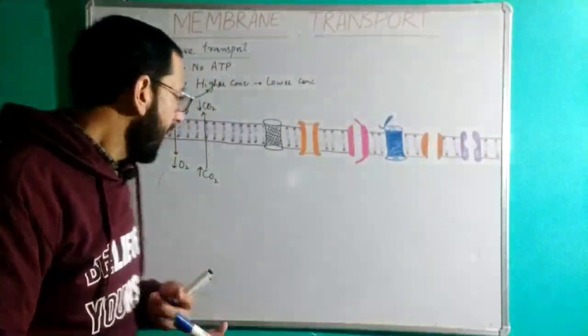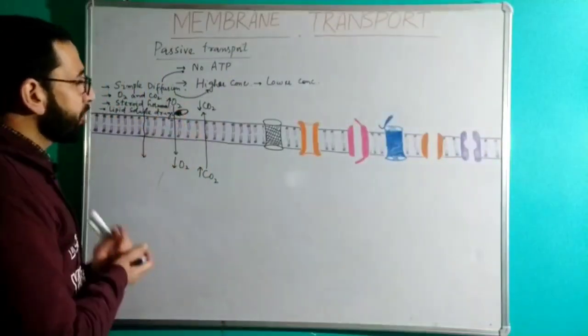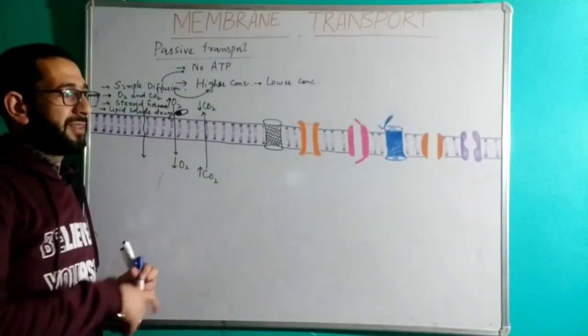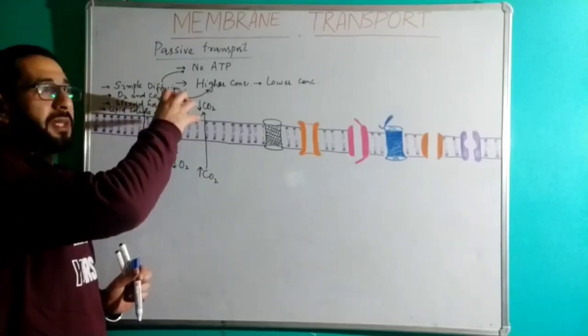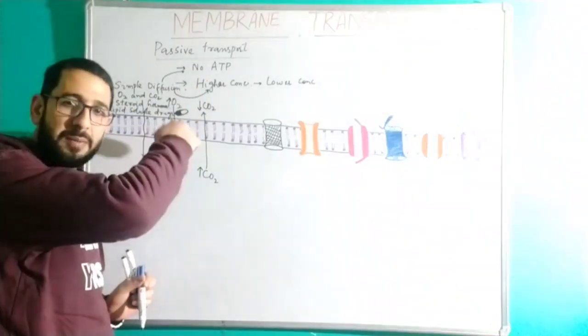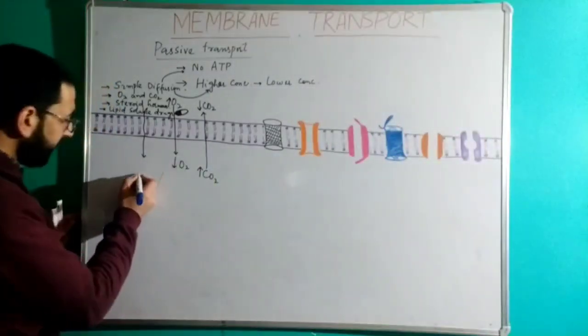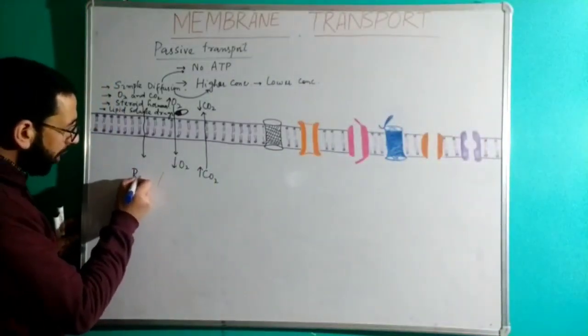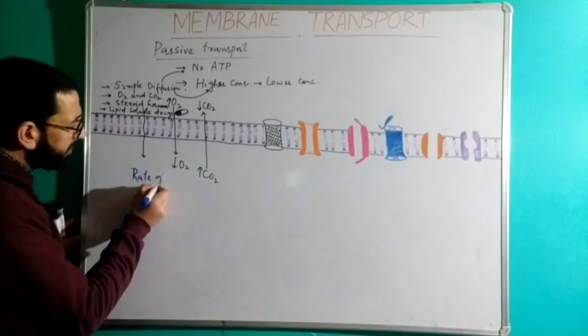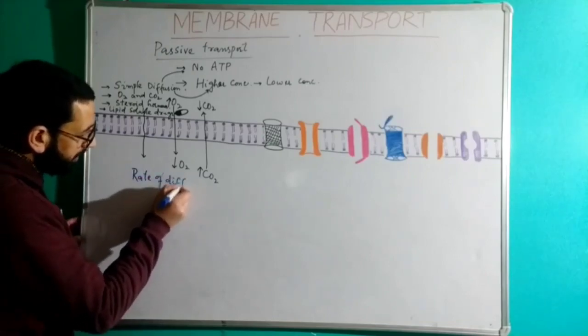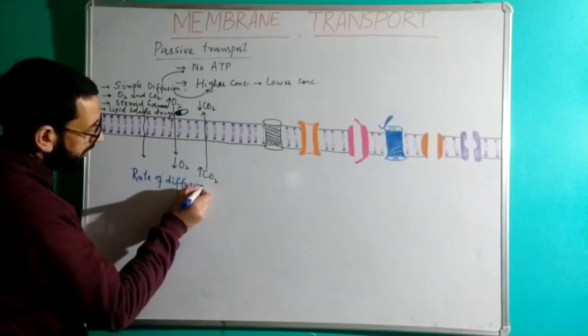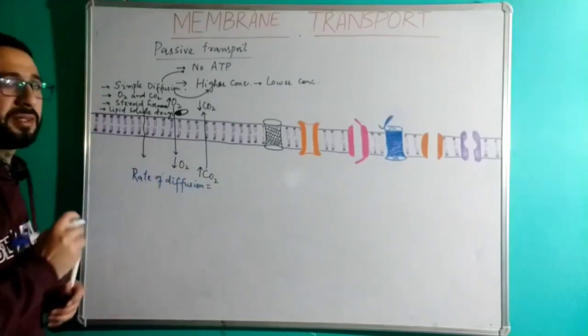When we talk about the rate of simple diffusion, the rate at which these substances get diffused through this cell membrane by means of simple diffusion, it is dependent on certain things.